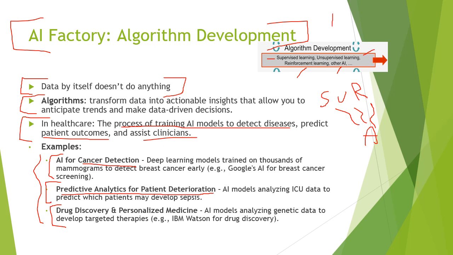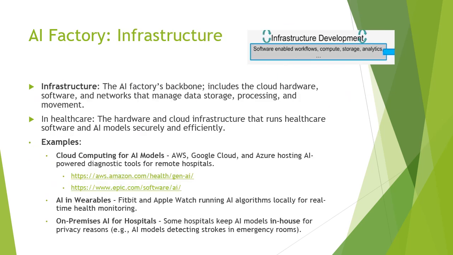But the data step is before this, the D for data, and it goes into the algorithms. And you would, in theory, define this by different tasks. So cancer detection, patient deterioration, drug discovery, and that equals the algorithm. So the data goes in. For each task, you assign an algorithm, and then that would move on in the process.